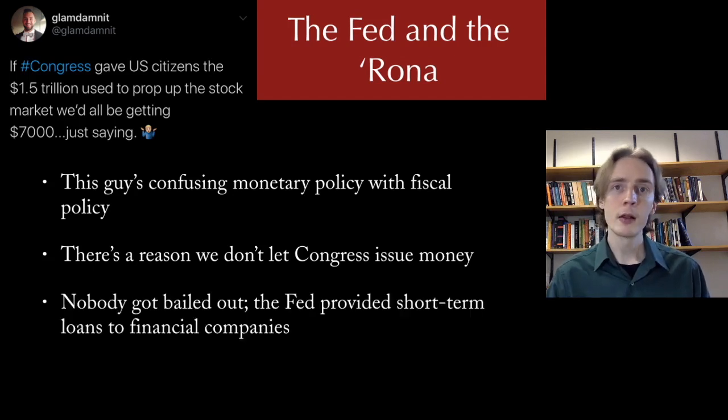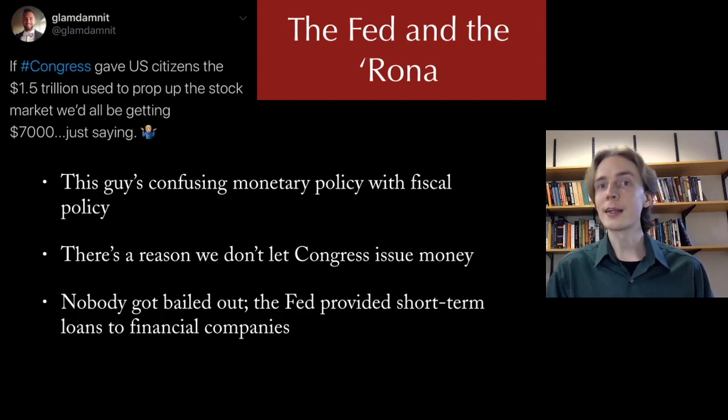In this case, nobody got bailed out. Nobody was handed money. You can hand out money with fiscal policy. Monetary policy doesn't generally work that way. In this case, that $1.5 trillion was not spent. It wasn't appropriated and given to anybody. What happened was that this was an asset swap, and in particular, a short-term loan.